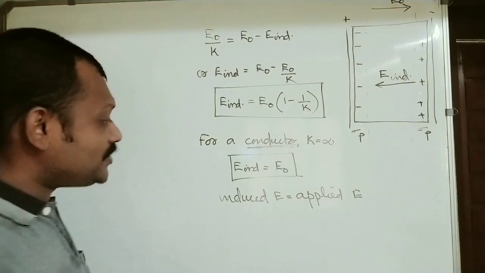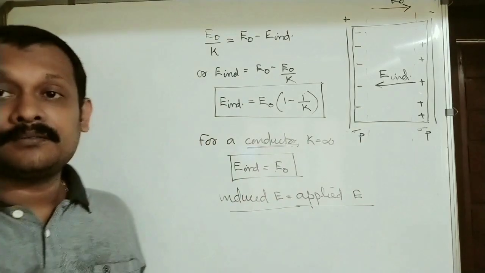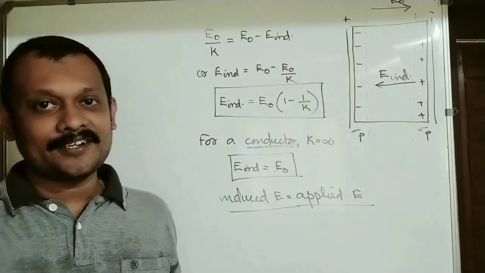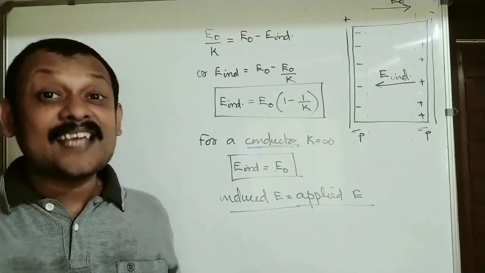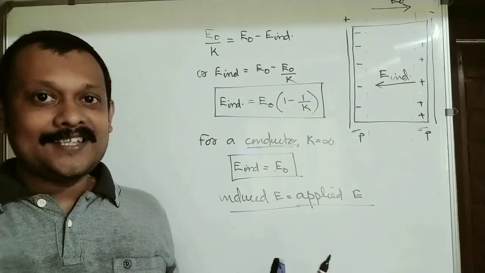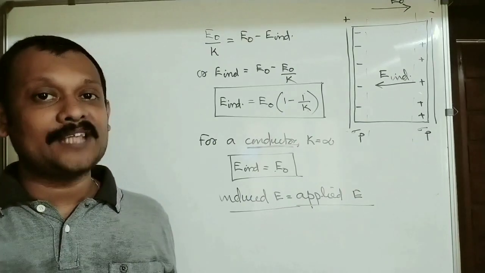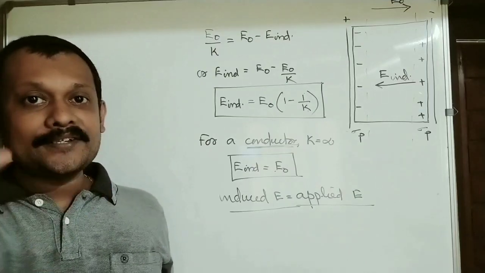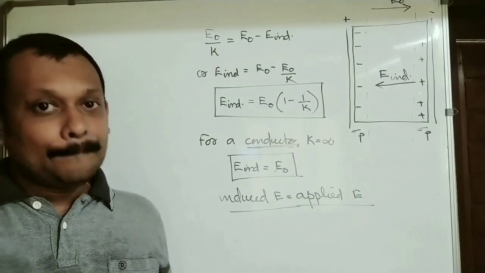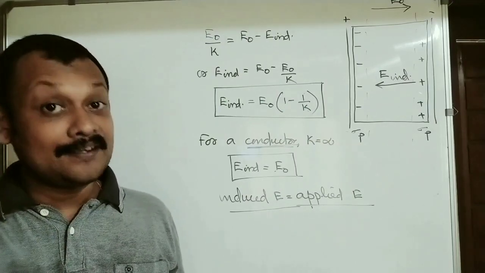Now the question: what is the reason for the induced electric field and applied electric field being equal? The answer is very simple. In the case of a conductor, the free charge carriers are enormous, about 10 raised to 29 per meter cube of volume. That means if you take 1 meter cube of a conductor, the number of free charge carriers present there is 10 raised to 29.